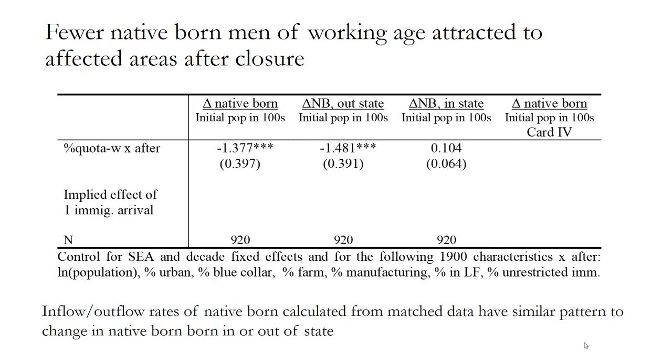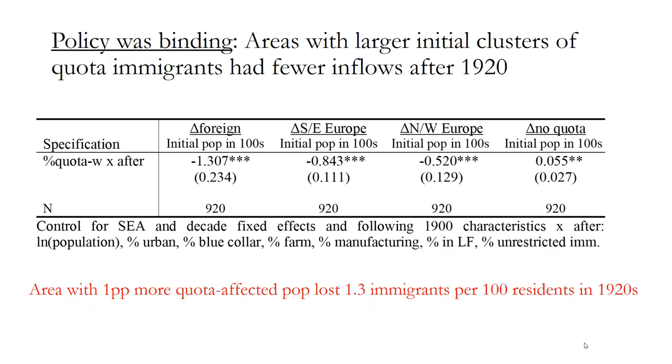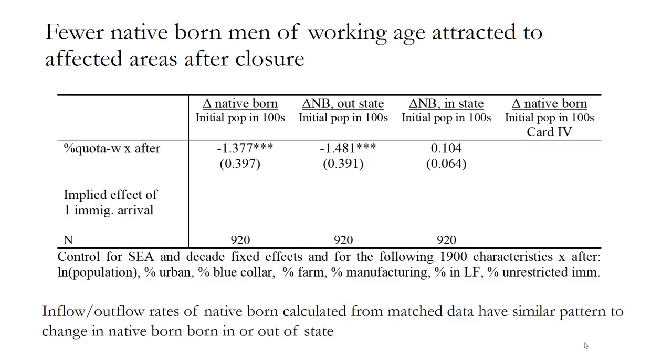But what we really want to know is, for one fewer immigrant arrival, how many fewer natives? And so essentially what you can do is calculate a Wald estimator, which is basically dividing this coefficient here by this one. So this is our first stage, and this is our reduced form, and then we could fill in this part here with the Wald estimator.